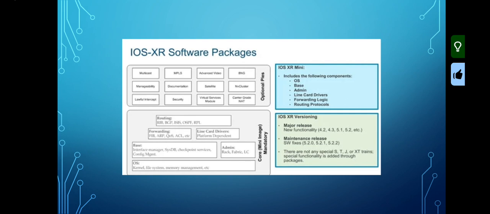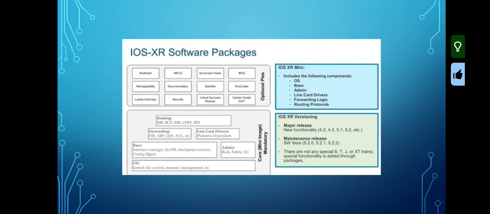In mandatory, you've got the main routing protocols and the forwarding plane that you will be using for the protocols. Then you've got the line card drivers, the base, the admin, and the parts of OS, of course, the entire OS. That's the mandatory one: the OS, base, admin, forwarding, line card drivers, and routing.